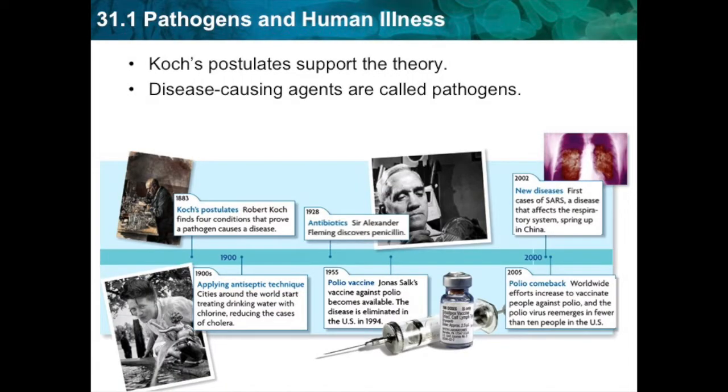In 1883, a German scientist by the name of Robert Koch basically took everything that has been going on so far in the germ theory, and he found four conditions which became known as Koch's postulates, and he proved that it was pathogens.